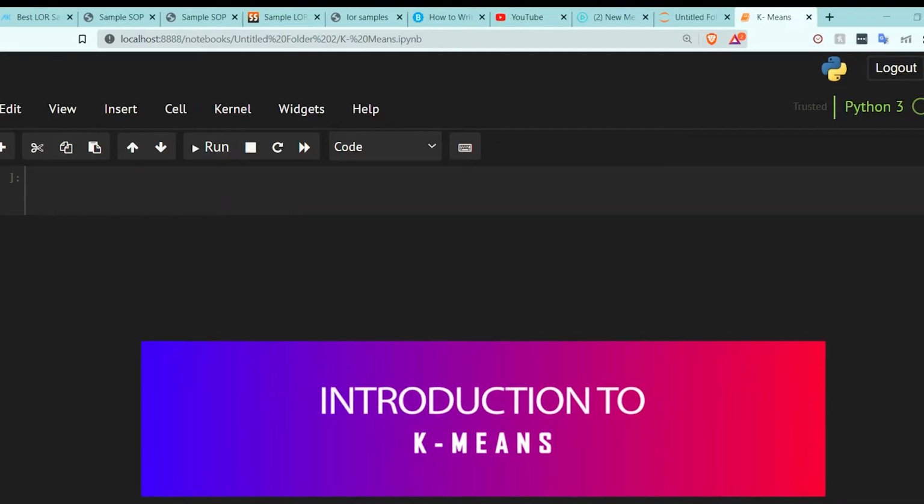So until now, we have created multiple supervised machine learning algorithms. But today we are going to take a look at the k-means algorithm, and it is an unsupervised learning algorithm.